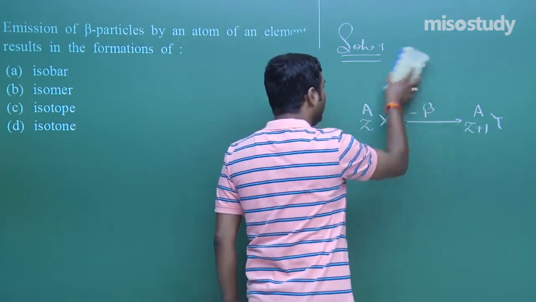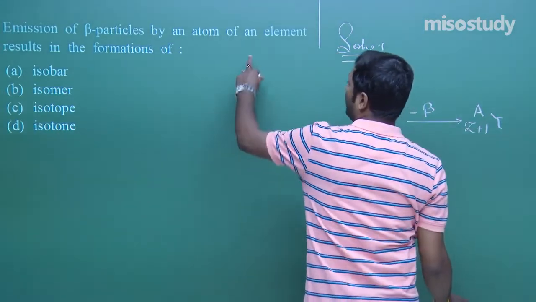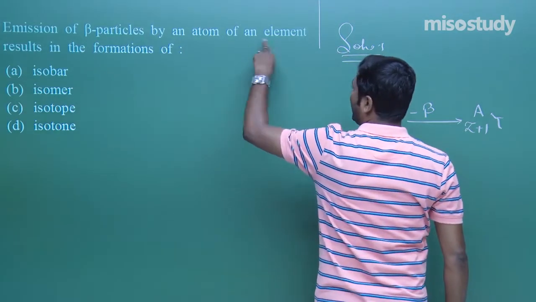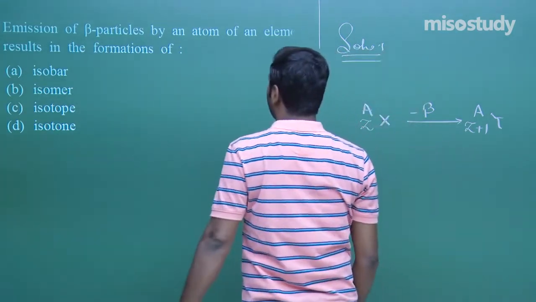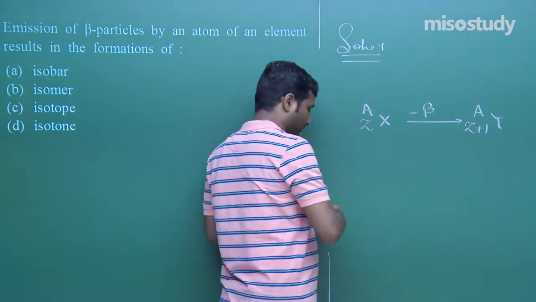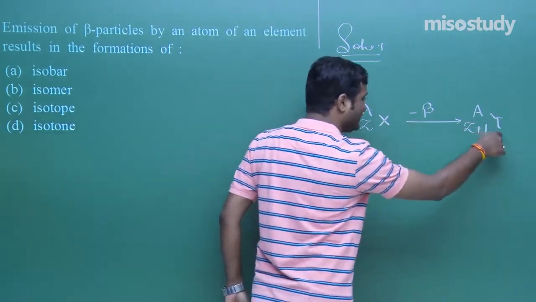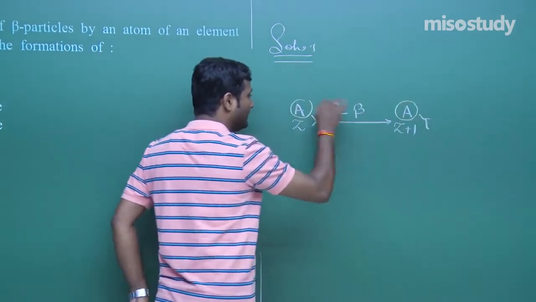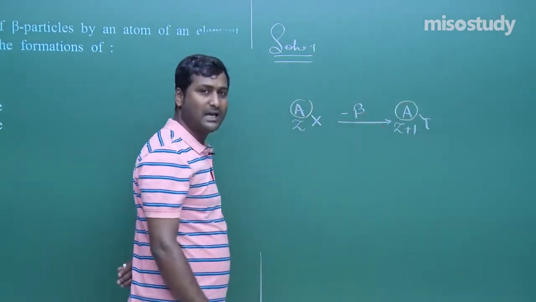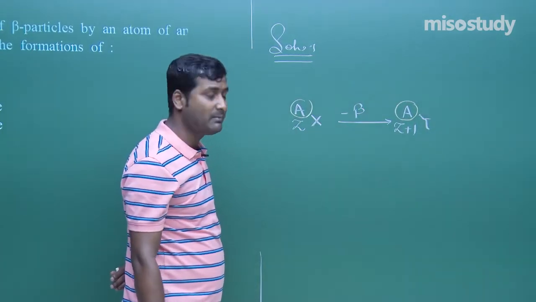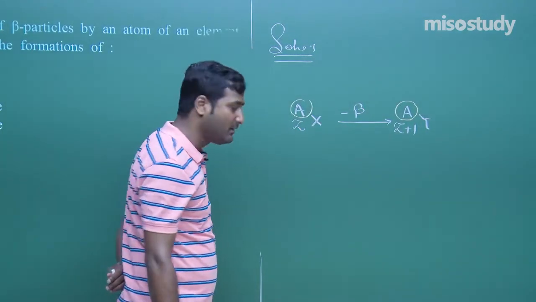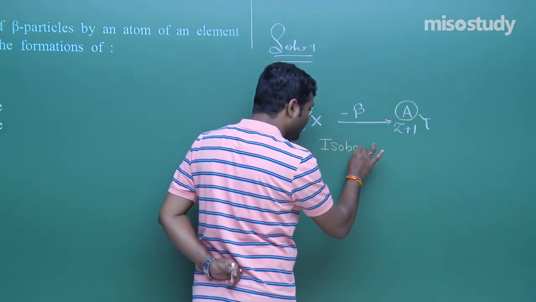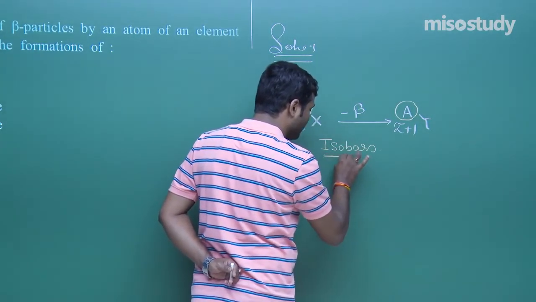Yes sir. Now check out the given question: emission of a beta particle by an atom of an element results in the formation of what? Look, this is the parent, this is the daughter, A and A. That is, the mass number is the same but the atomic number differs. If the mass number remains the same and the atomic number differs, then we know they form isobars.